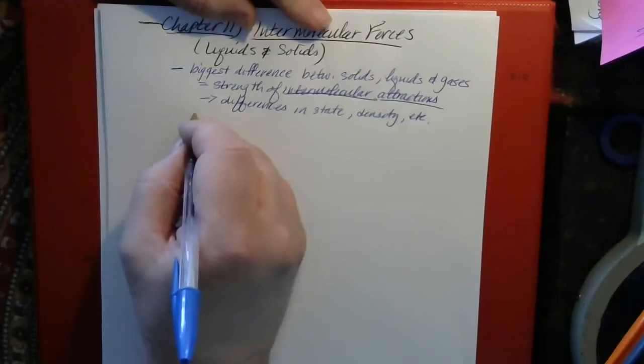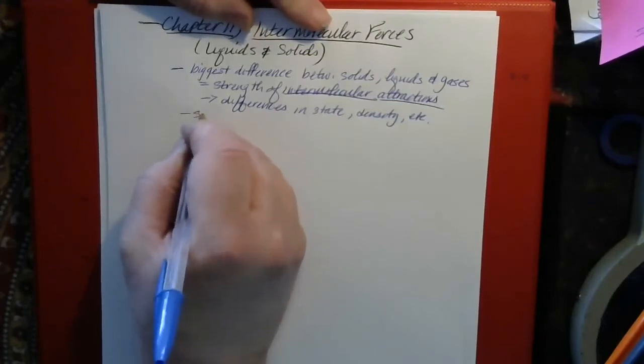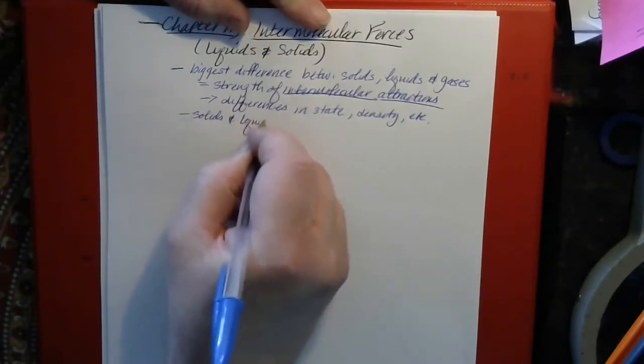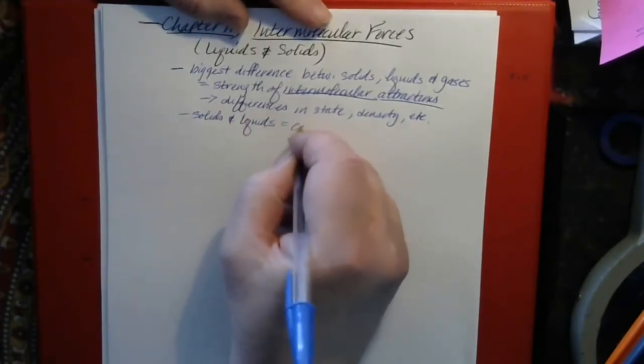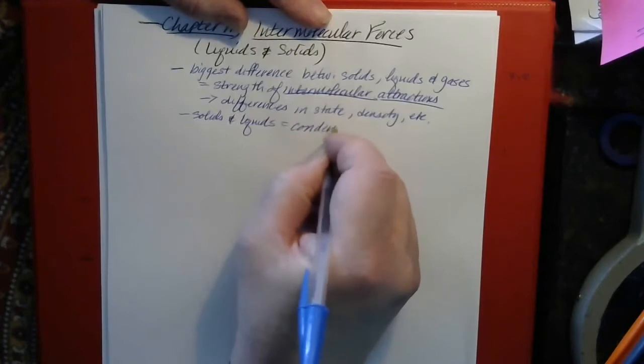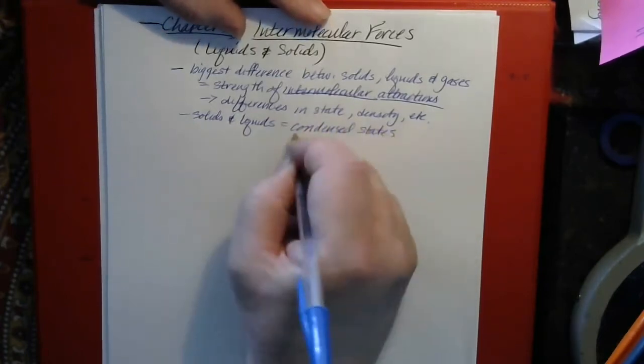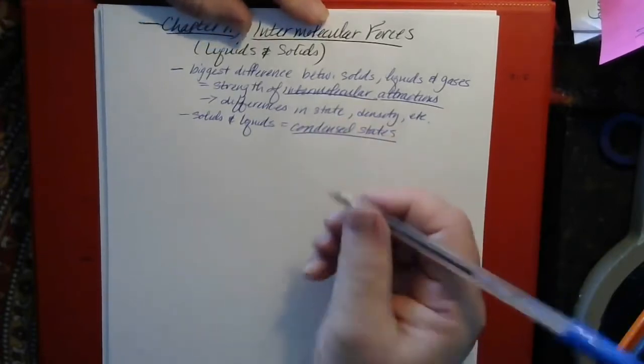So solids and liquids are known as condensed states, and that's because the particles are close together.